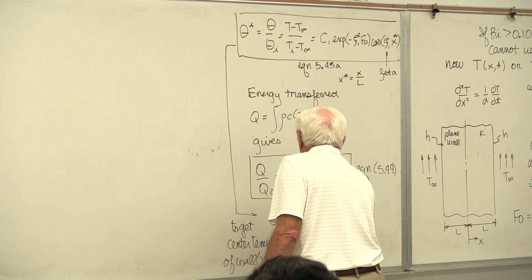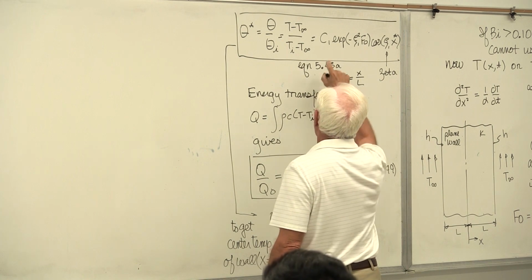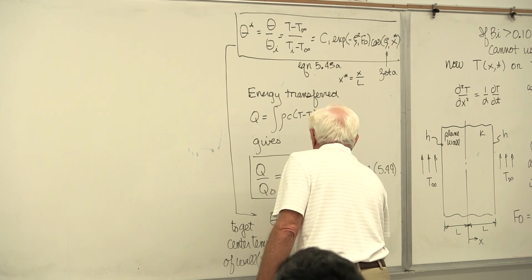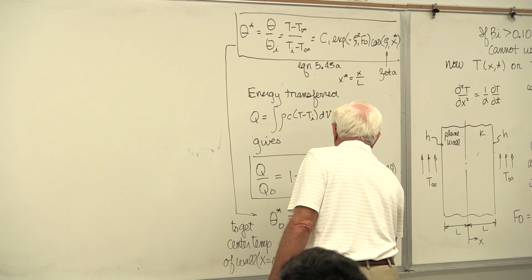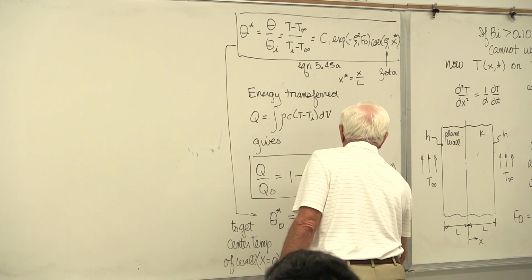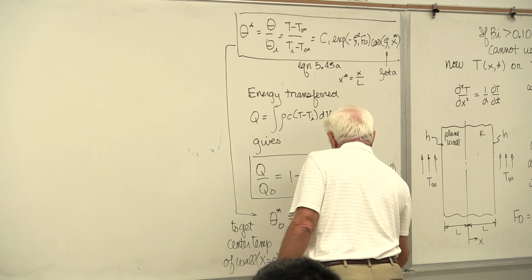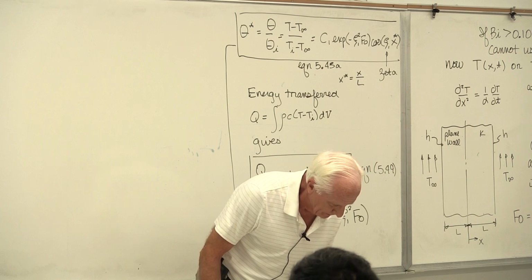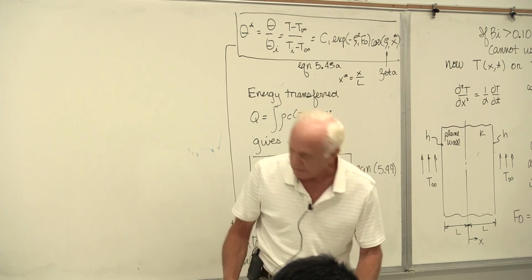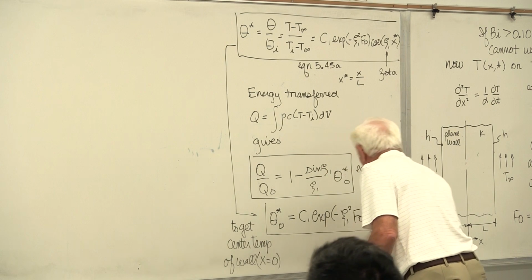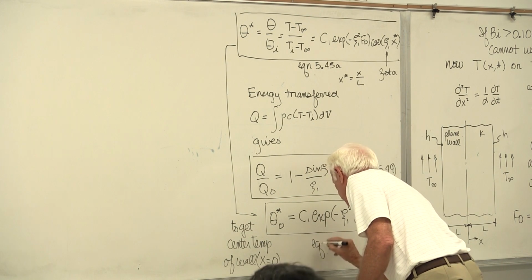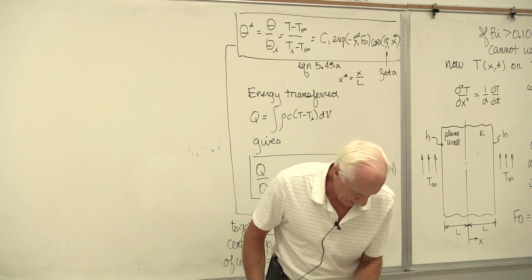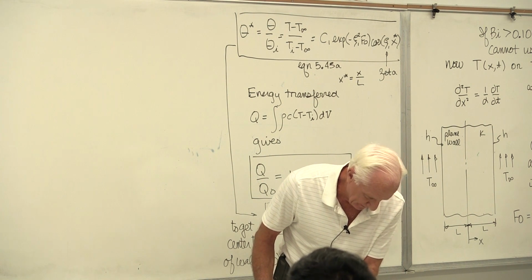So theta naught star, the naught means at x equals 0, is equal to C1 exp of minus zeta 1 squared Fourier. And that, let me check where that is in here. Okay, that is equation 5.44. Okay, I think that's all we have there.